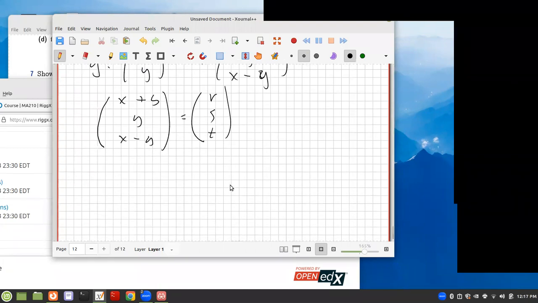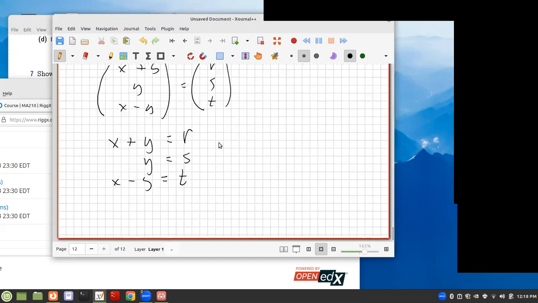Okay, so we have a linear system here. Let's write out the equations and see what happens. There's X plus Y equals R, Y equals S, and X minus Y equals T. Okay, and then we can write the augmented matrix for this.